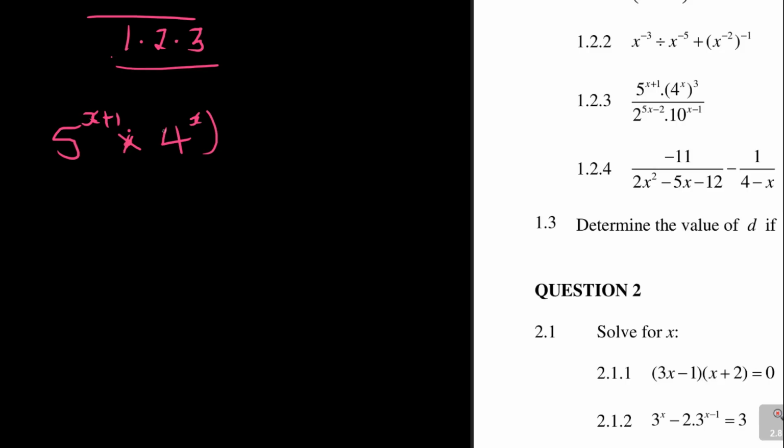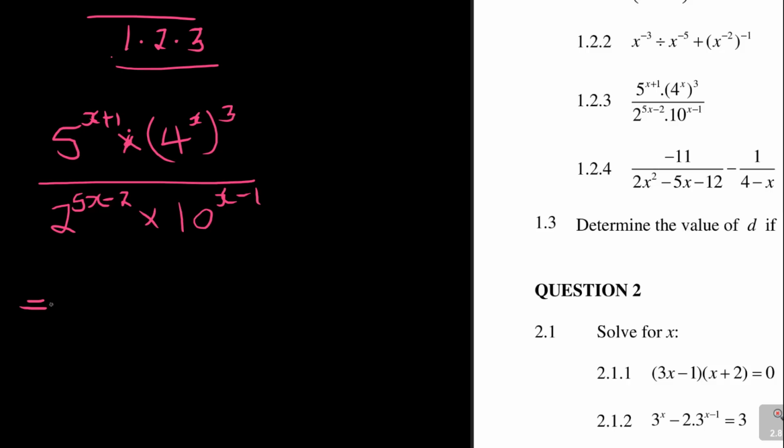I'm just writing it as is for now. And then divided by 2 to the power of 5x, and then minus 2 times 10 to the power of x minus 1.